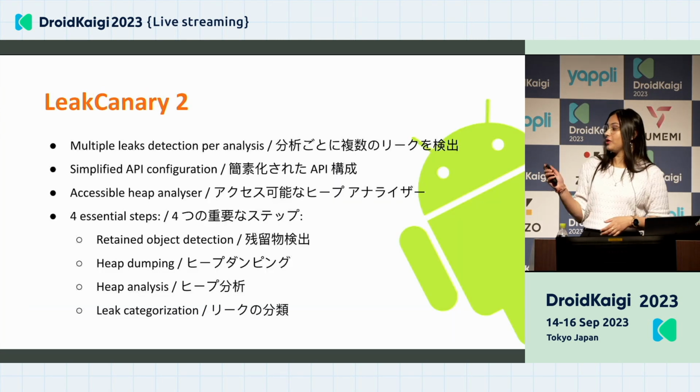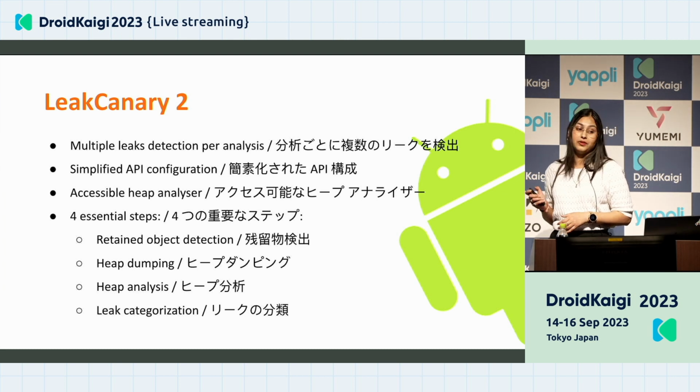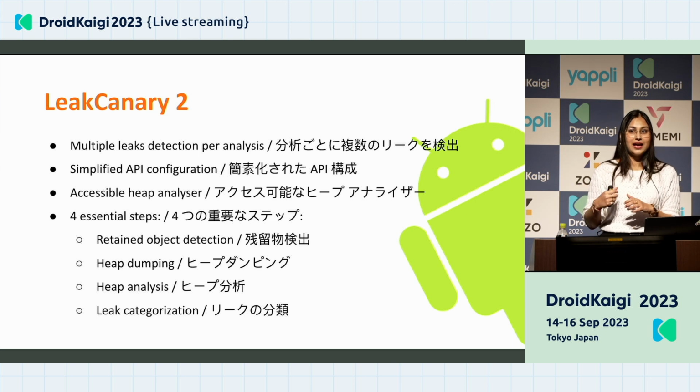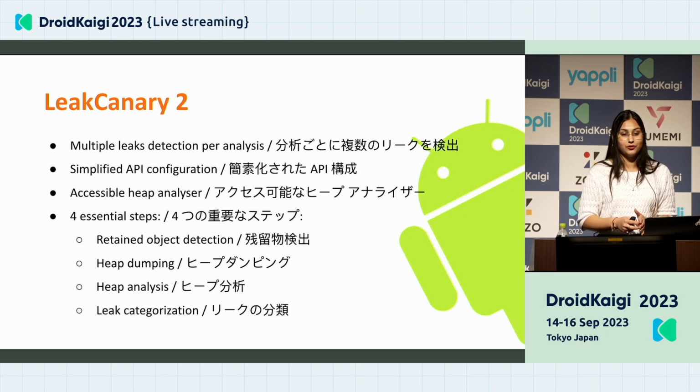So what today we're going to talk about is LeakCanary 2, a leak detection library. Worth mentioning is that it's no more just LeakCanary. It's an upgrade that has come in, and it's way more powerful than the previous version. The internals have been rewritten to 100% Kotlin.